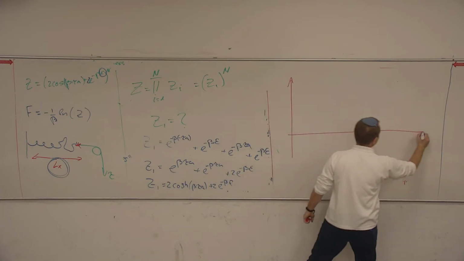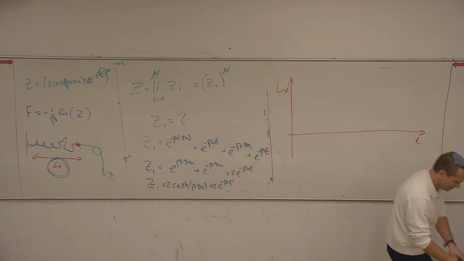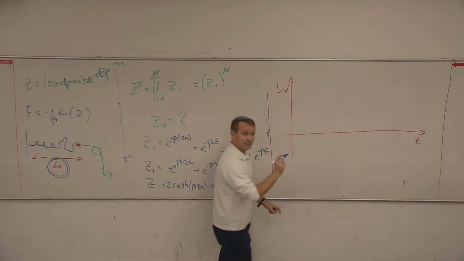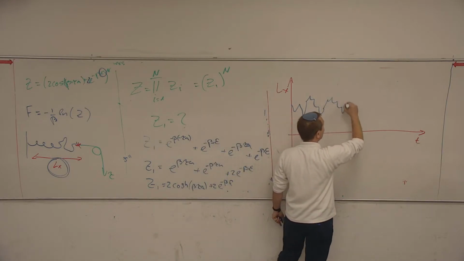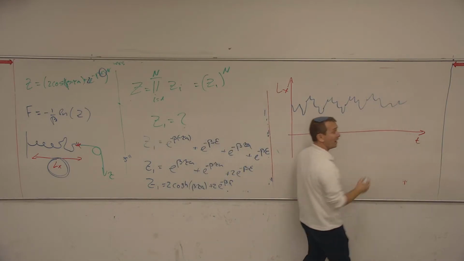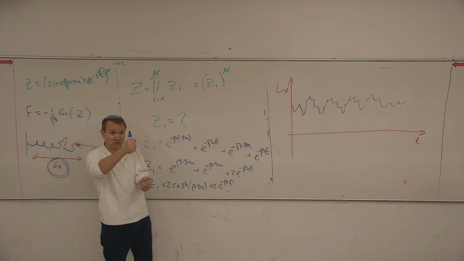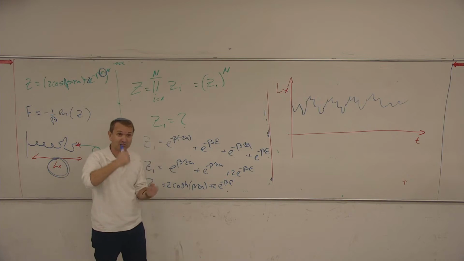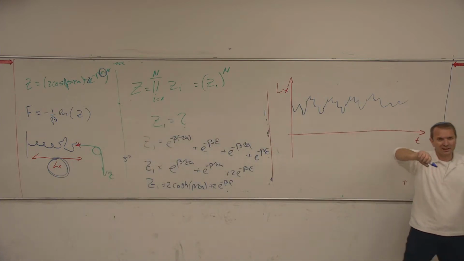So if this is time, and this is Lx, this guy in a microscope is going to look like this. Why? We now understand why, because all the different monomers can switch their direction to the left, to the right, down, and so on.